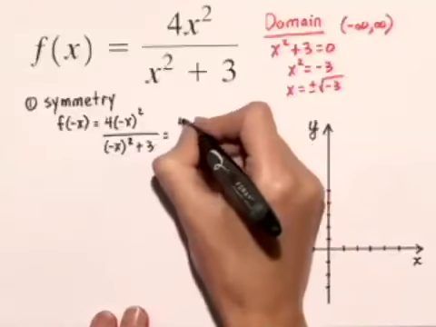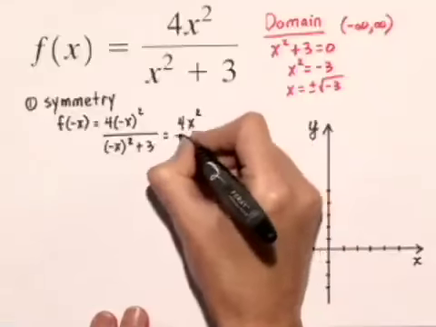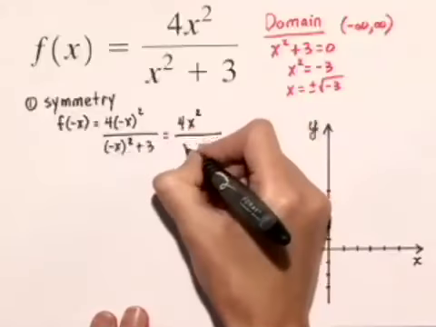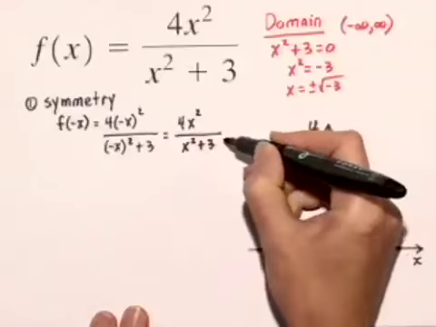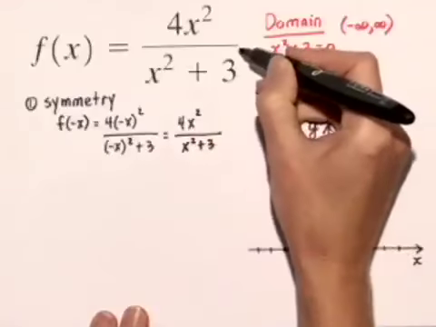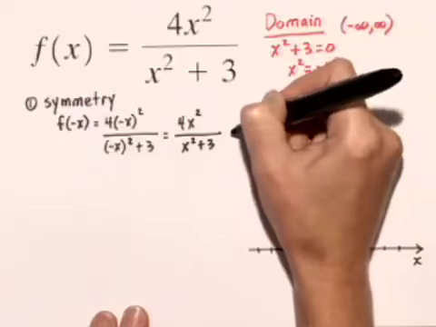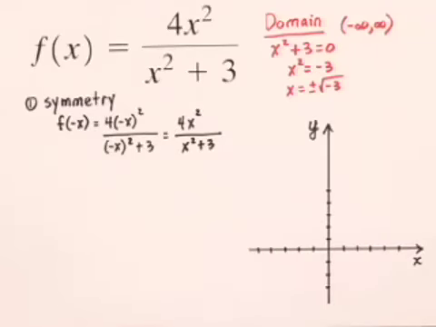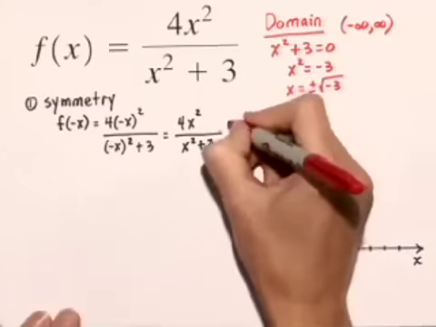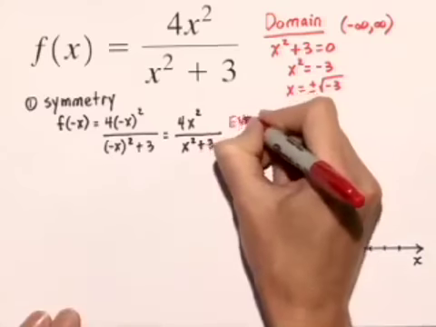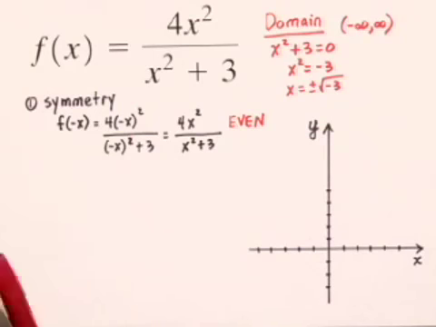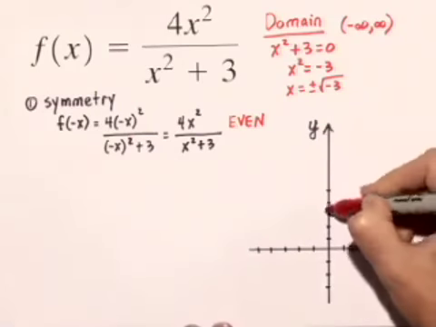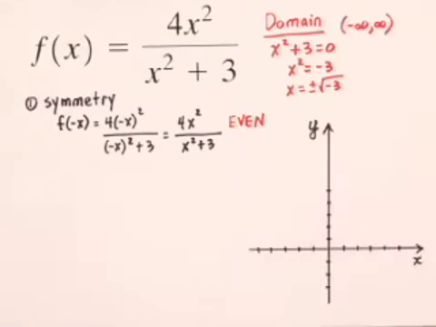The numerator just becomes 4x squared, and the denominator becomes x squared plus 3. Notice this is exactly the same as our original given function. So when f of negative x is equal to f of x, we can say that the function is even. This will help us in our graphing because all even functions are symmetric with respect to the y-axis.